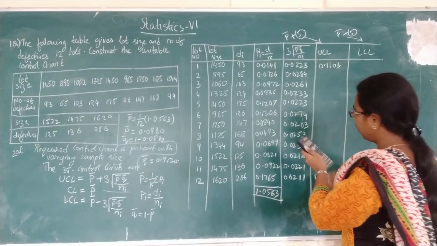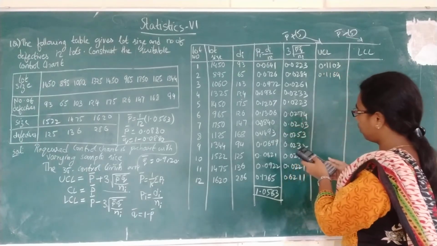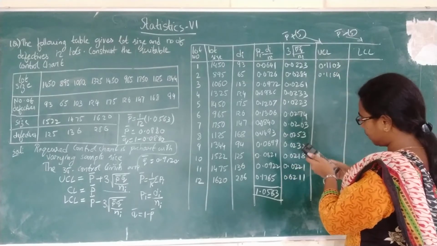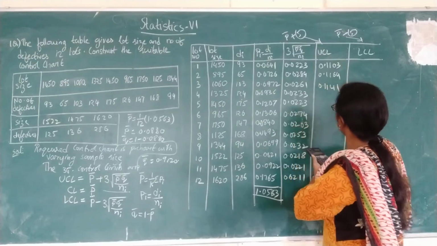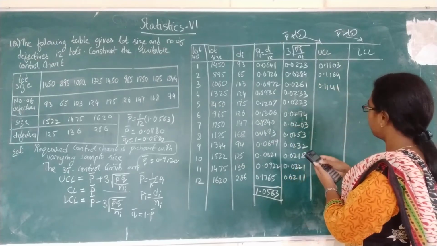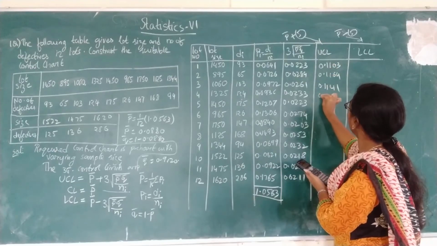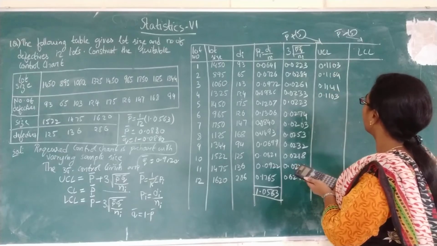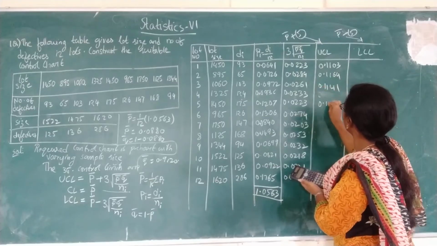Next value is 0.0284, giving 0.1164. Then 0.0261, giving 0.1141. Then 0.0233, the same one, giving 0.1113.